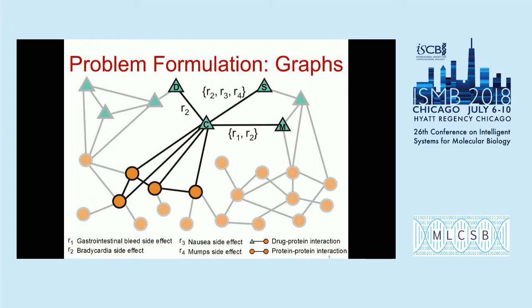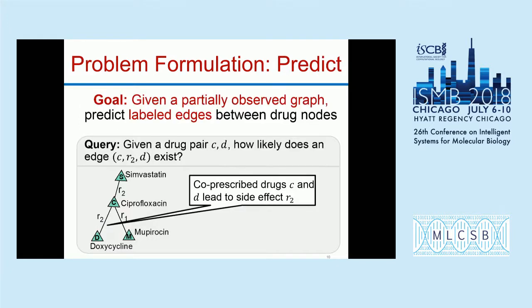So altogether, we consider this 2-layer multimodal network where nodes are of 2 types, drugs and proteins. And in our case, the drug-drug interaction network, which encodes side effect types, will encode around 1,000 different side effect types, meaning that really what we have here is a highly multi-relational graph on which we want to make predictions.